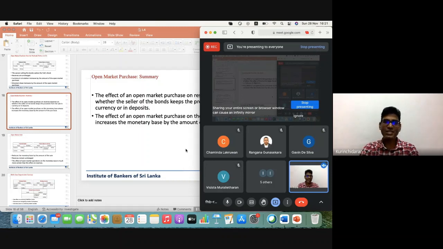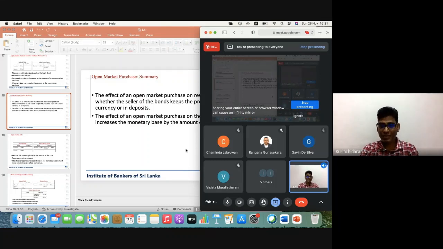Then they will assess, okay, this is our production, this is our goods and services availability. So what is the money supply needed to purchase these goods and services? So central bank tries to maintain that level of money supply, which can lead to a stable price.